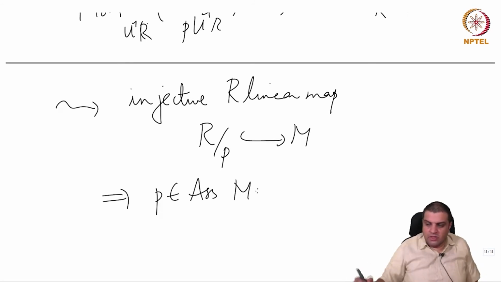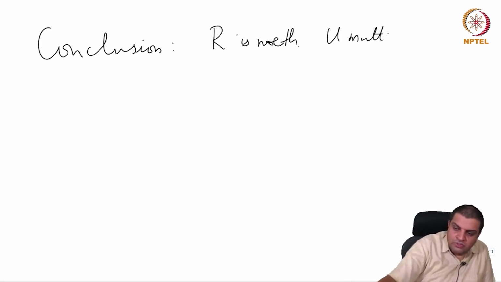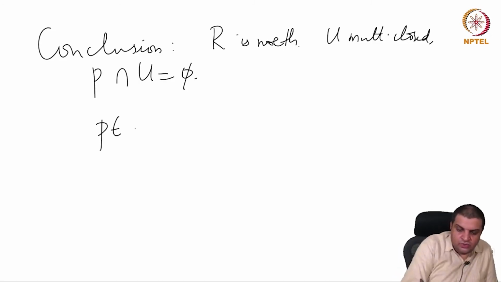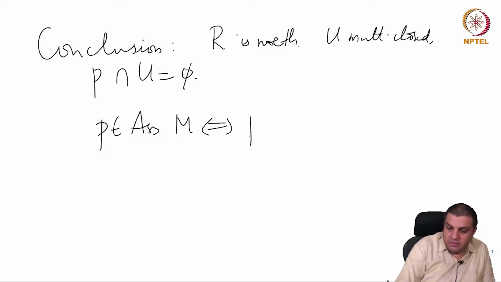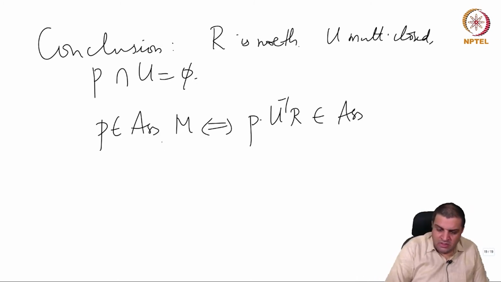Okay. So therefore, the conclusion is that if R is Noetherian, U multiplicatively closed, P intersect U empty, okay, then P is associated to M if and only if P extended to the localization is associated to U inverse M. Just to avoid minor confusion, here we are talking about R modules, and here we are talking about U inverse R modules.